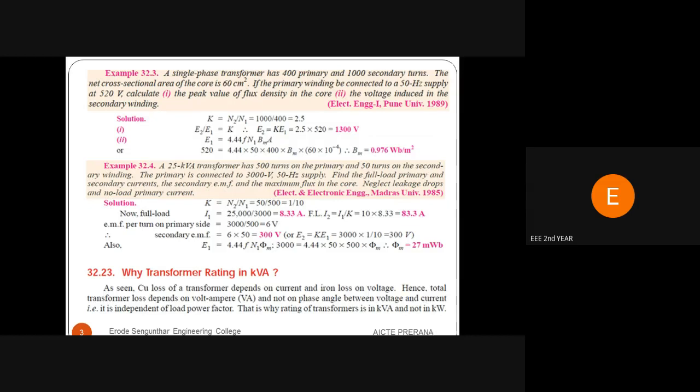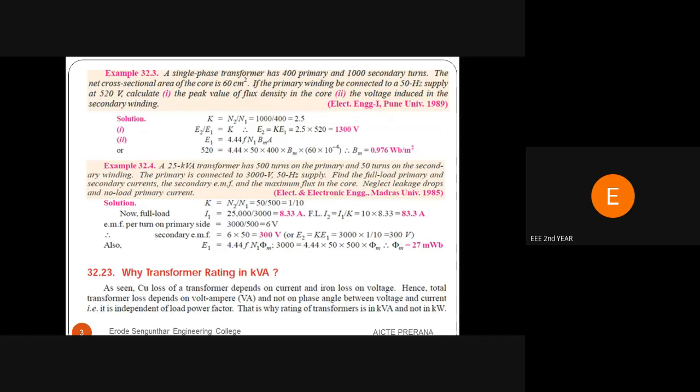So EMF per turn on the primary side is equal to 3000 divided by 500 volts. That is 3000, the voltage V1, and 500, the number of turns N1. We can get the EMF per turn, 6 volts. So from this, the secondary induced EMF equal to 6 into 50, we get 300 volts.